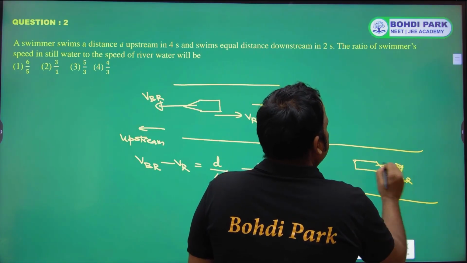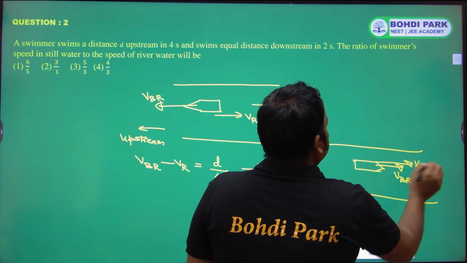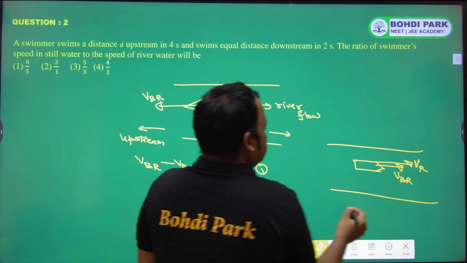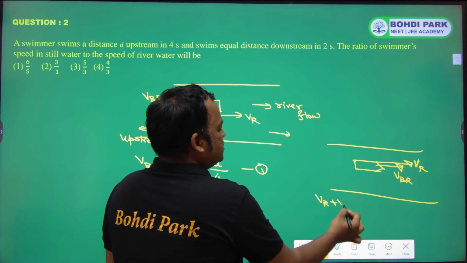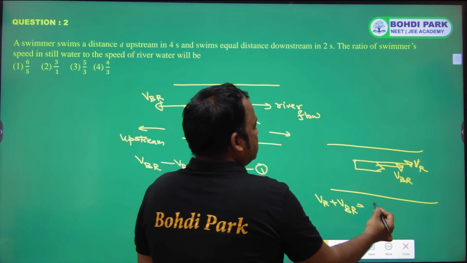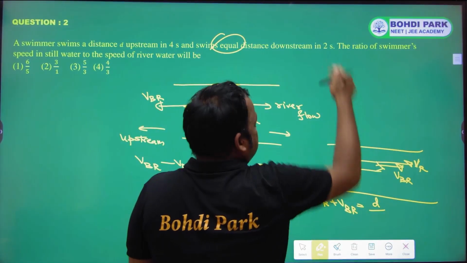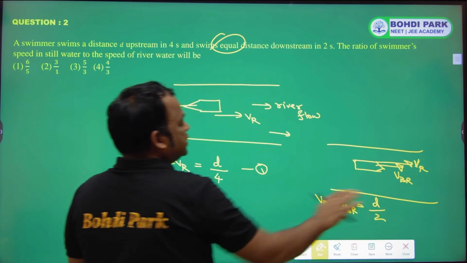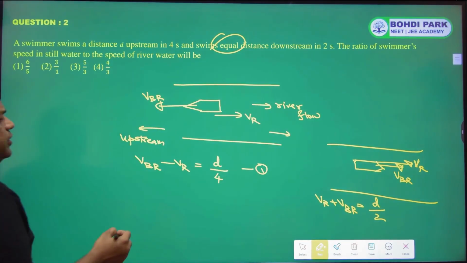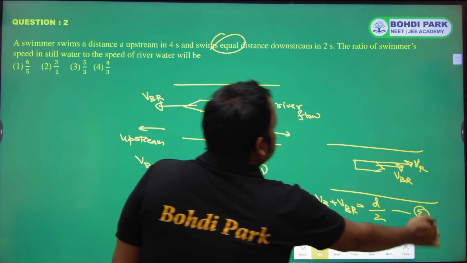So this is VBR and this is also VR, direction is same. So resultant velocity is VR plus VBR. Same distance in time 2. Speed is equal to distance by time, so d by 2. So this is the second equation.